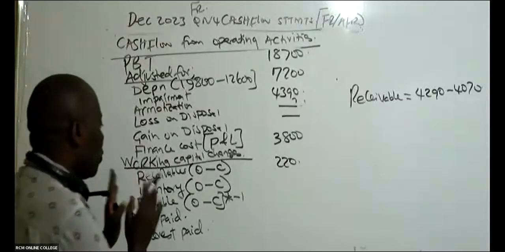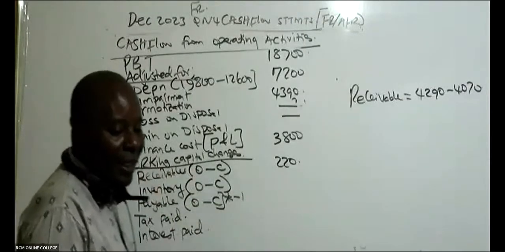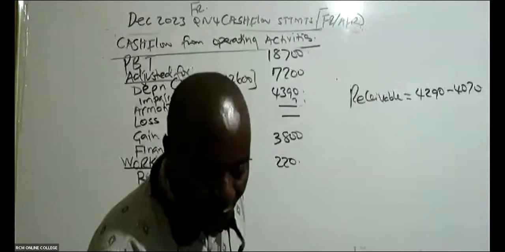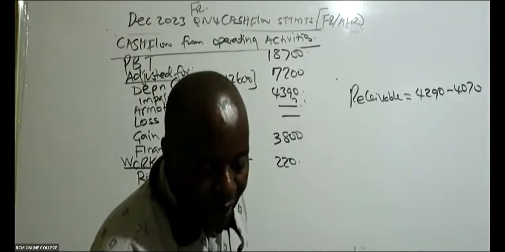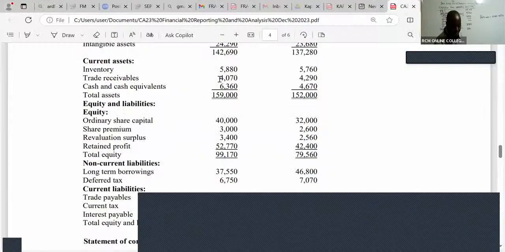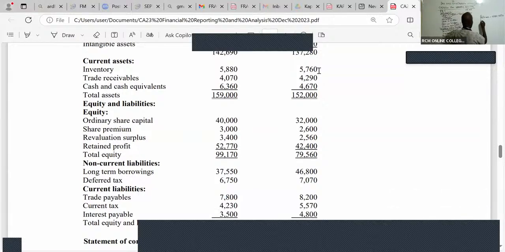Then you go in this case here to inventory, you do the same. It's a working capital change. So what do we have under inventory, ladies and gentlemen? We have here 5760 minus 5880.